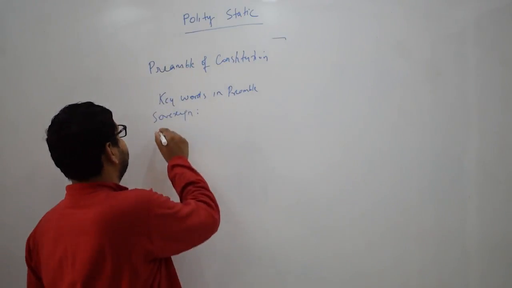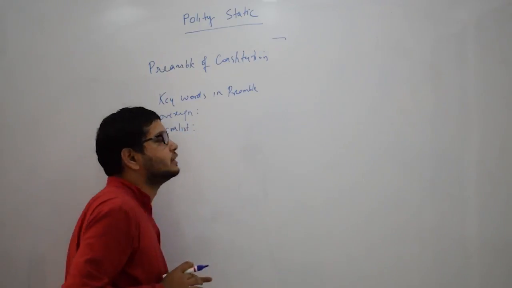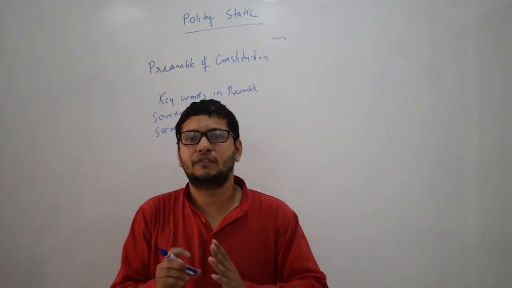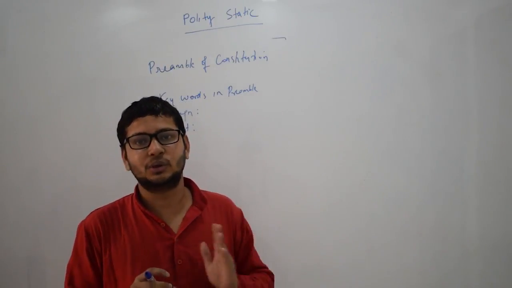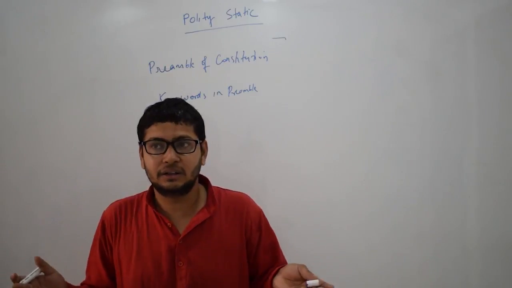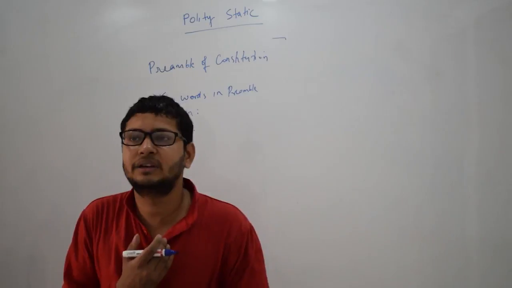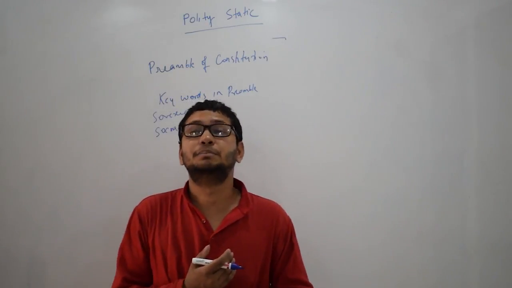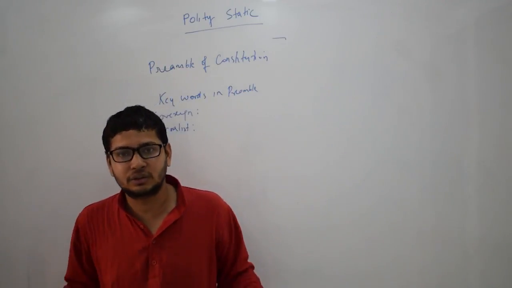Second is socialist, which is self-explanatory. I will not explain it much because there could be many different kinds of socialism, and it is actually a vague word. There are 100 types of socialism: Fabian socialism, syndicate socialism, Marxist socialism, Gandhian socialism, Nehruvian socialism.